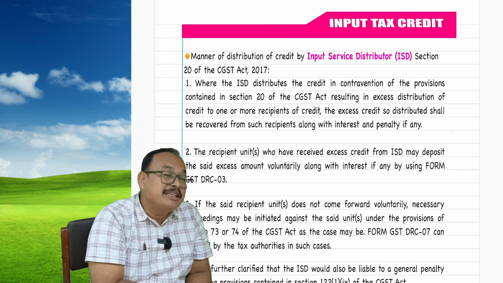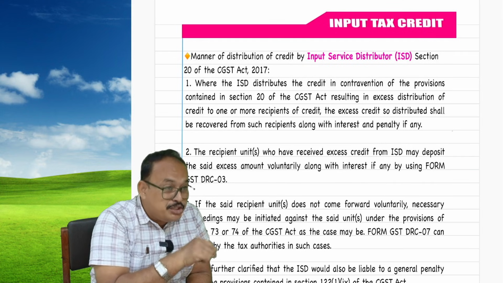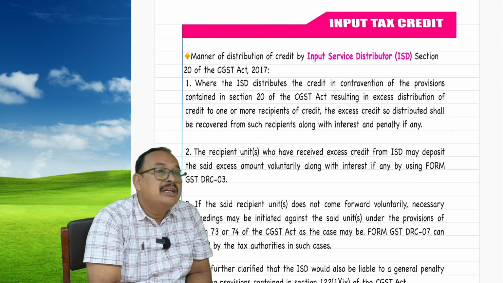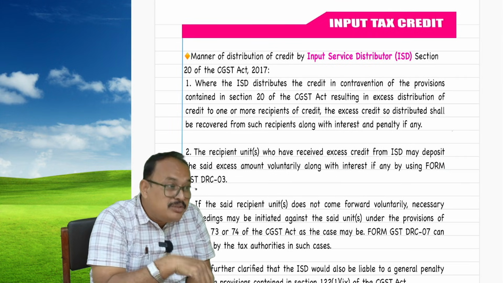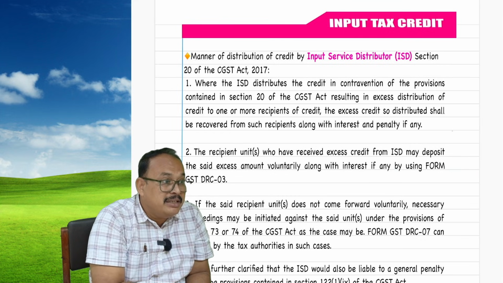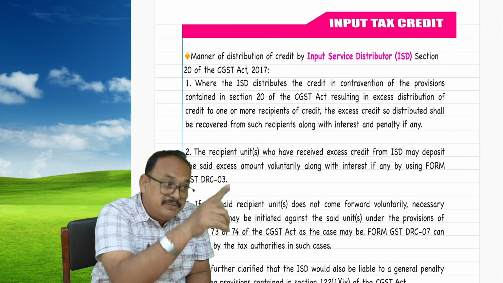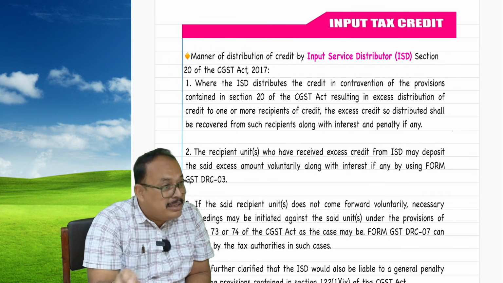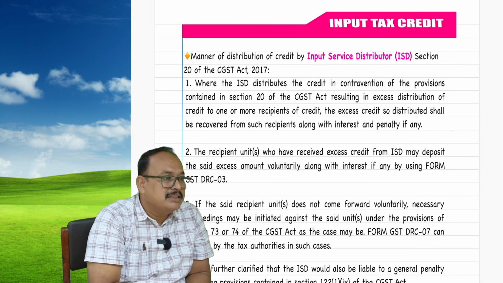If you distribute the credit more than what is to be distributed, as per section 21, it is the responsibility of the person who received the credit, who is not eligible to claim it, to pay to the department. If that recipient does not pay the amount to the department, the supplier, the ISD, has to pay the tax.